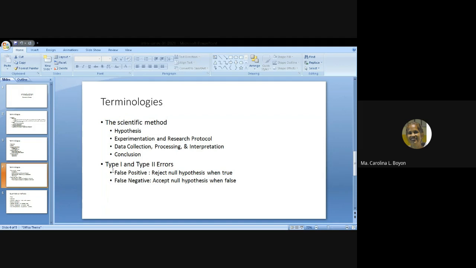So, to have a working understanding of what this really is, let's say if you look at the COVID-19 PCR testing, yung false positive will be pag PCR test ka ng swabbing, when you have your swab test and you are declared by the results of the swab as COVID positive. So, ang false positive will be dineclare kang positive for COVID when in truth you don't have COVID. So, that's false positive.